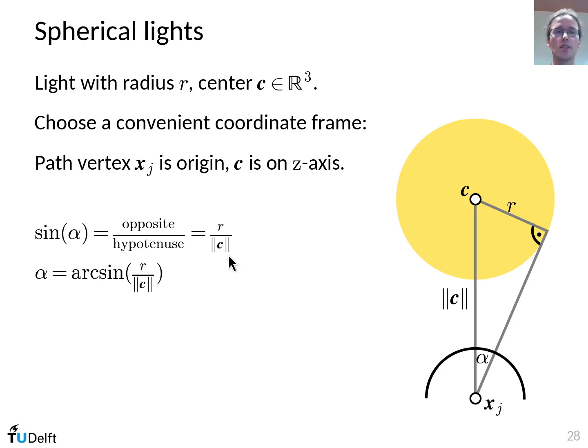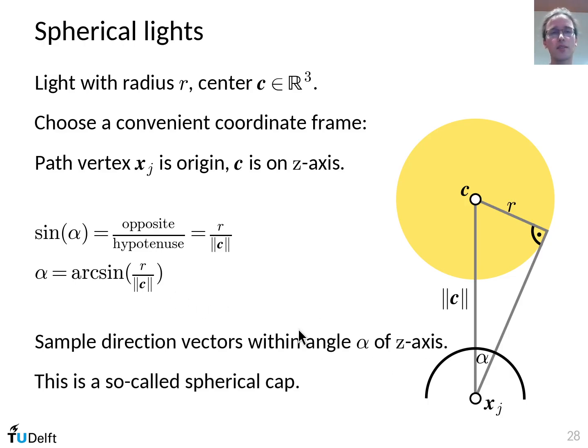So we have this equation, and then of course we can use the arcsine on both sides, and then we have alpha equals arcsin of r over length of c. And with that we can compute the opening angle for our spherical cap, and we now want to sample direction vectors within this angle around the z-axis, so within the spherical cap.